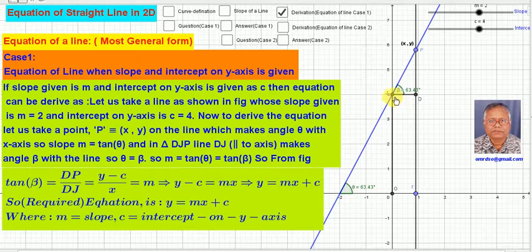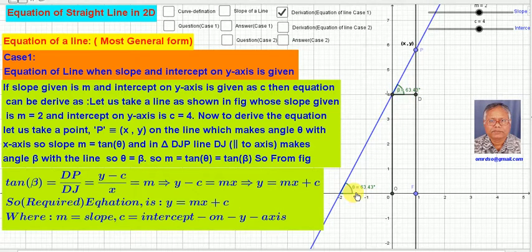JD is obviously x, and JO is equal to c. So PD is equal to y minus c from the figure. DP is y minus c, and DJ, this distance, is x.